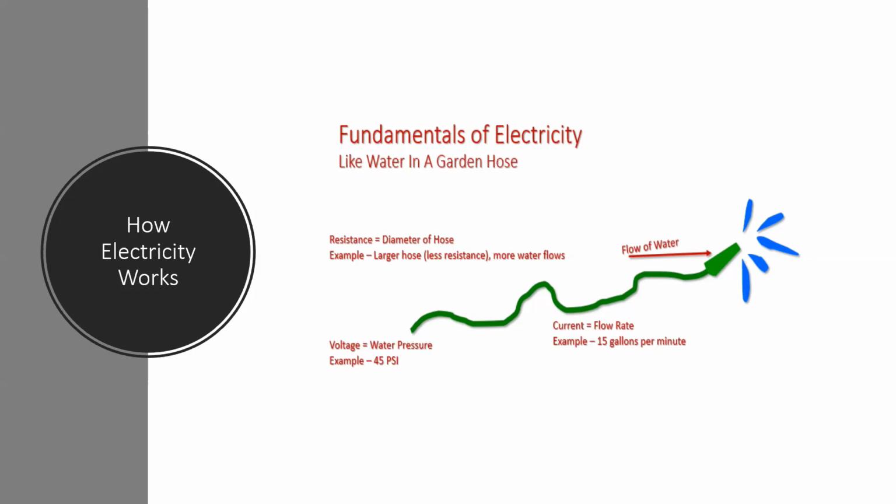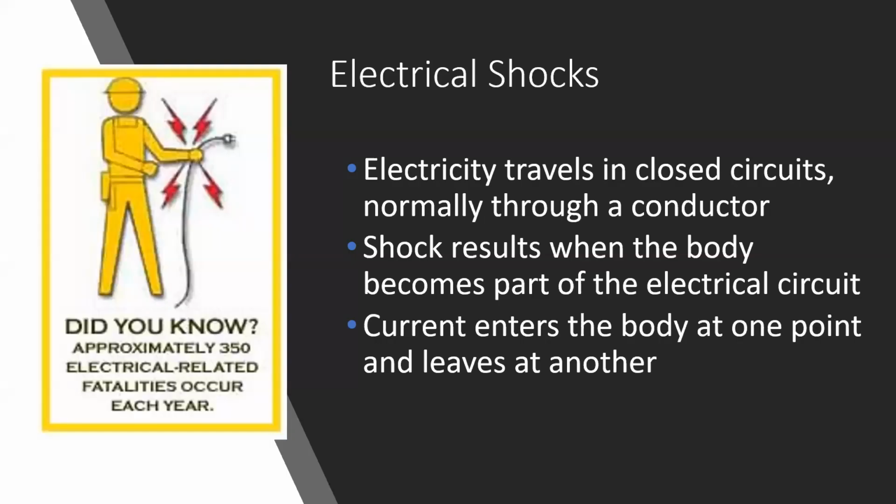This is our flow. The more diameter, the more flow. And similarly, resistance: the larger the hose or the wider the diameter, the less resistance. So our electricity also flows in the same way, like we are watering the plants in our gardens.